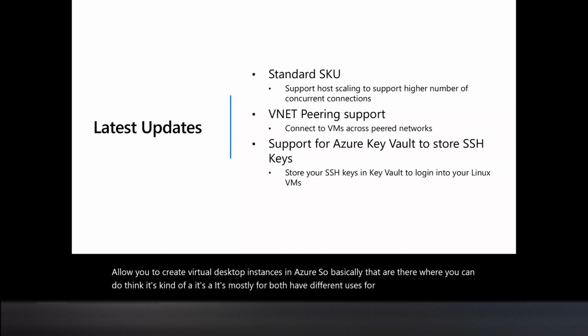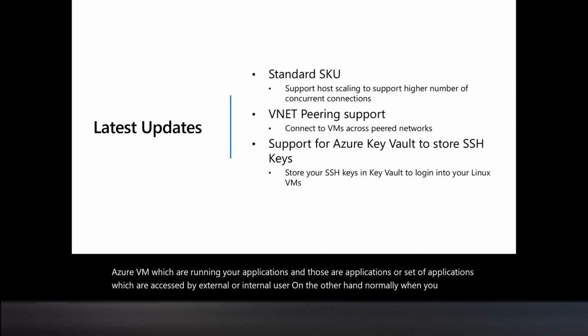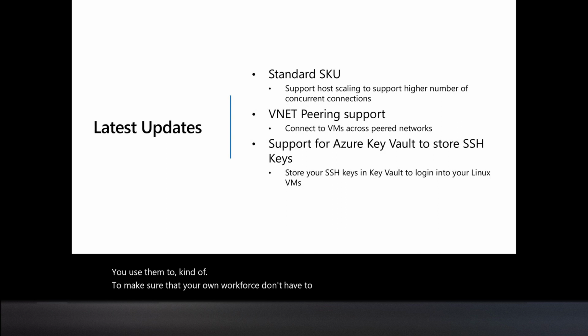For example, here you have Azure VMs running your applications, which are accessed by external or internal users. On the other hand, normally when you use Azure Virtual Desktop or Windows Virtual Desktop, you use them to make sure that your own workforce don't have to have infrastructure or machines on-prem.